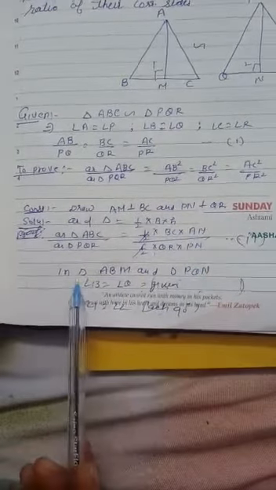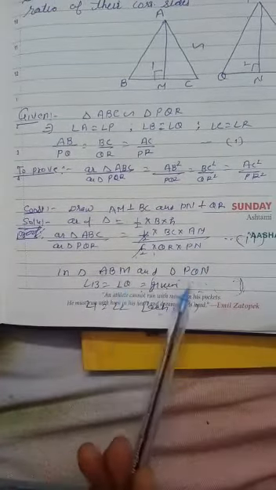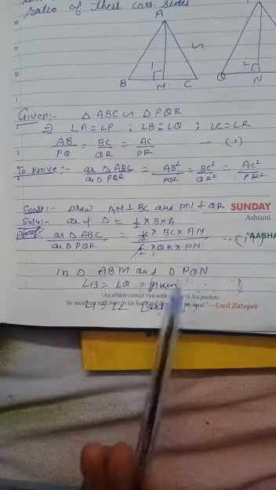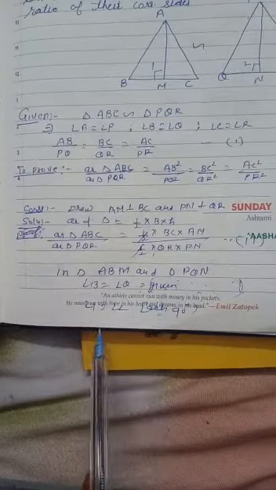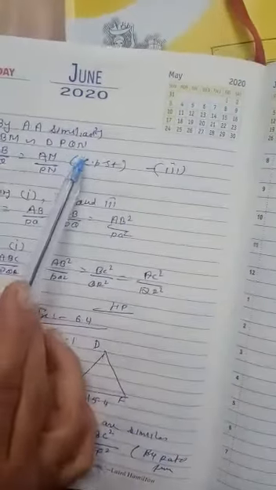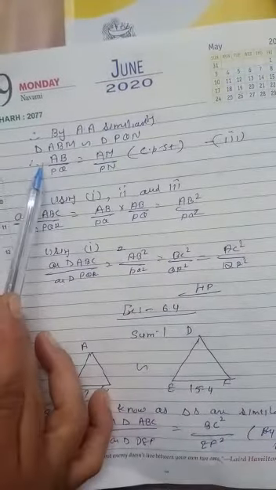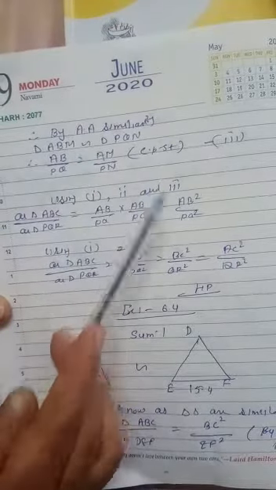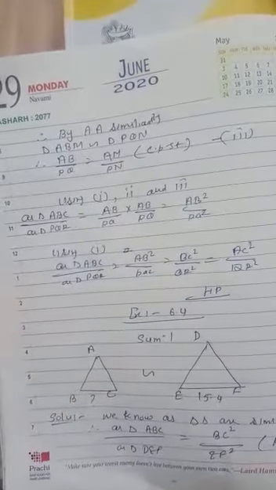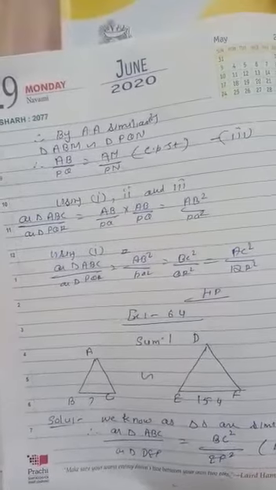For this we have taken the smaller triangles ABM and PQN, in which angle B is equal to angle Q given and angle 1 is equal to angle 2, each 90 degree. Then these two triangles become similar by angle similarity, and their corresponding sides AB upon PQ is equal to AM upon PN, that is CPST. Okay, their sides are in corresponding ratio.